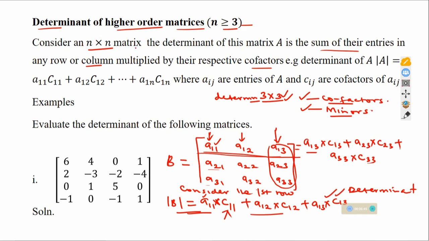So you consider an n by n matrix, then the determinant of this matrix A will be the sum of their entries in any row or column multiplied by their respective cofactor.